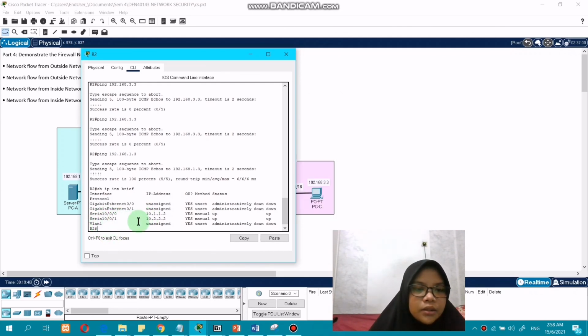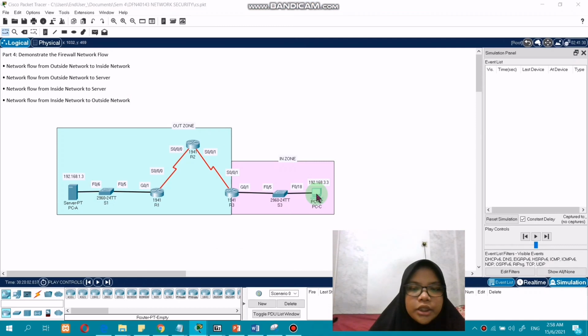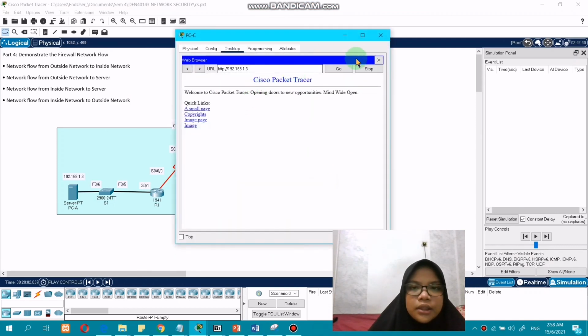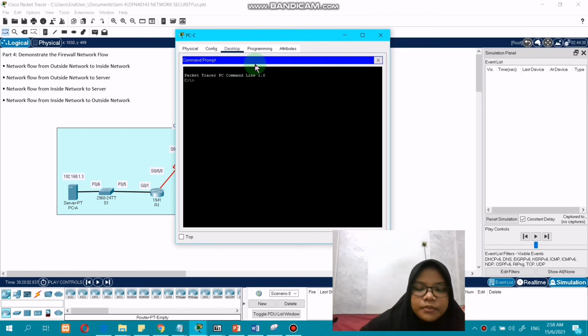So copy the IP, go to simulation, open the simulation, PCC, command prompt, ping router 2.